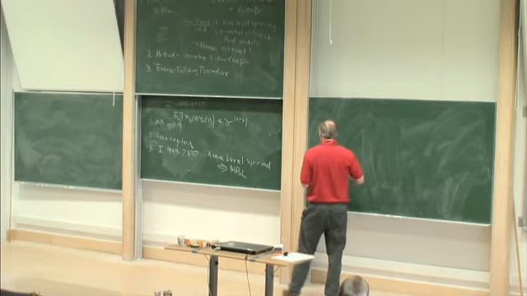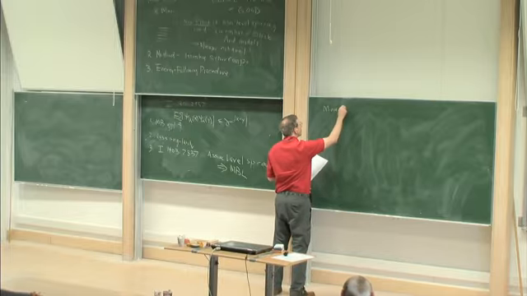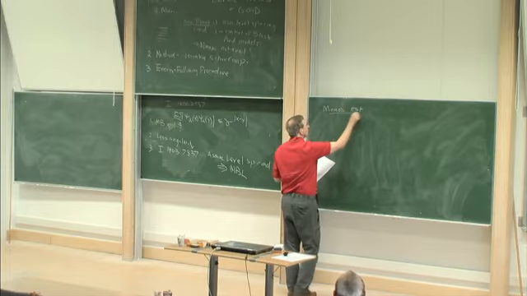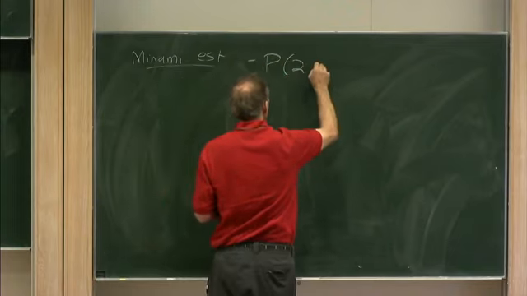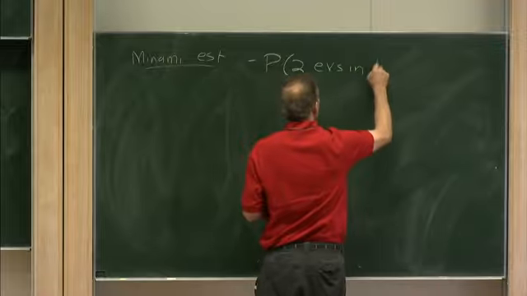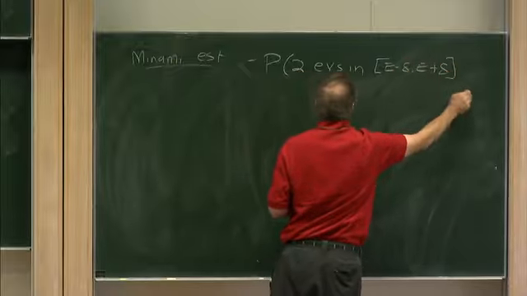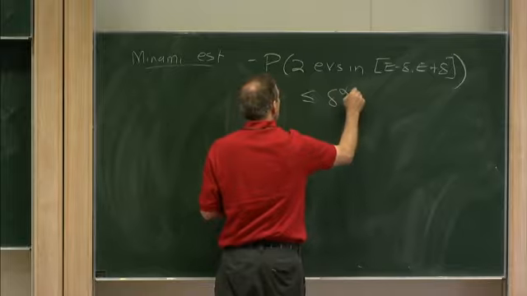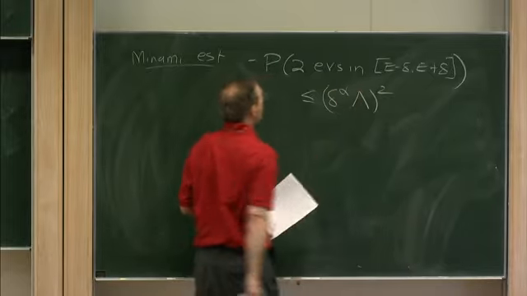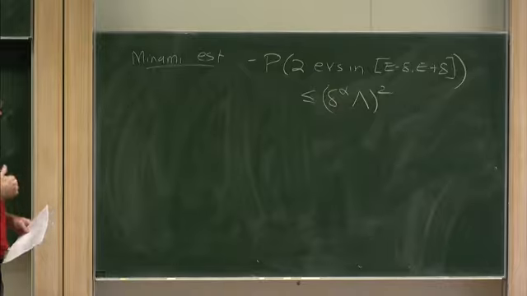Okay, so let me just mention a little more background here. The Minami estimate is the traditional approach to issues of level spacing. It would look something like this: the probability of 2 eigenvalues in some interval, let's say E minus delta, E plus delta. And typically the Minami estimate will look like this, for some alpha, which might depend upon the exact form of the potential's probability distribution.